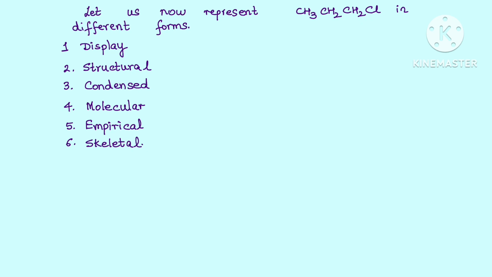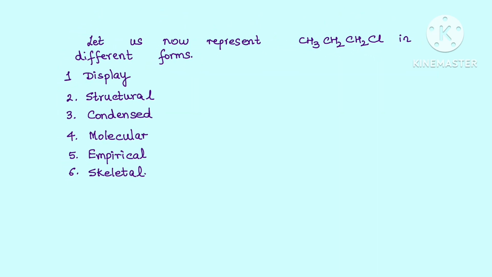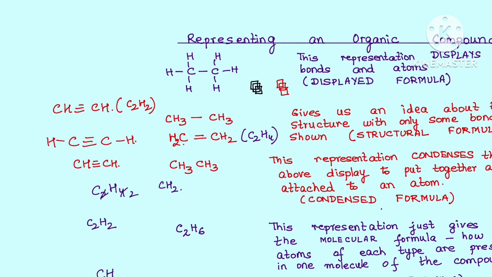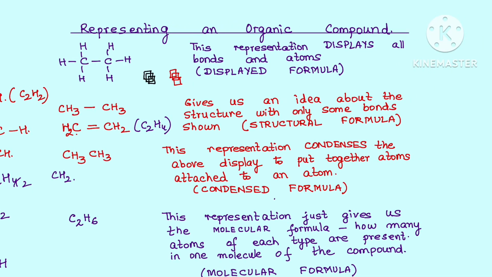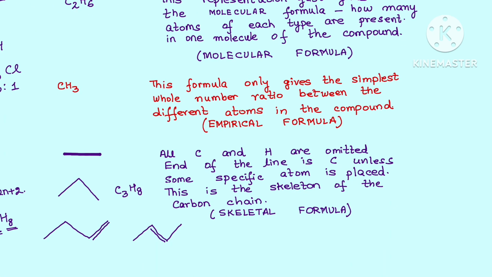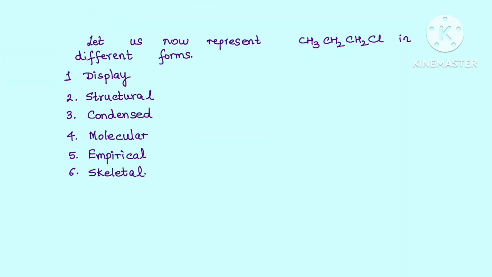Okay, here I am giving you a question to do and try on your own. Represent CH3, CH2, CH2, Cl in different forms. So first of all, tell me what kind of representation I have shown over here. Have I shown the displayed formula, or have I shown the structural formula? Have I shown the condensed formula, the molecular, empirical, or skeletal formula? Which one have I represented when I am writing it as CH3, CH2, CH2, Cl?